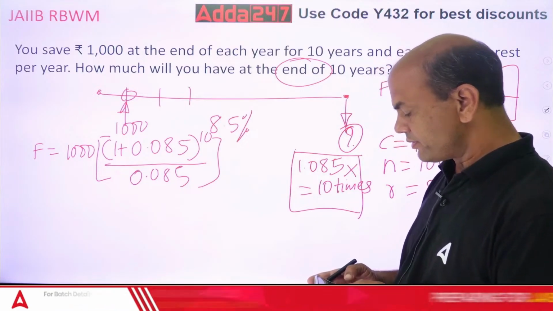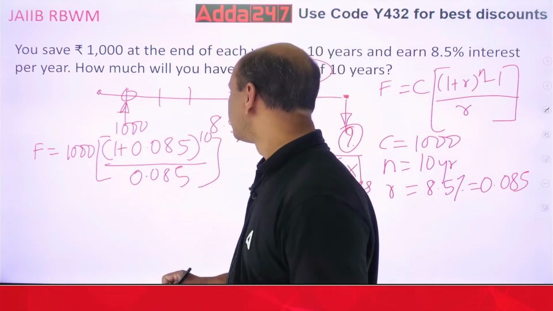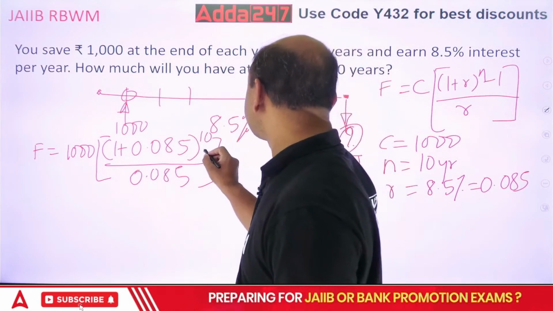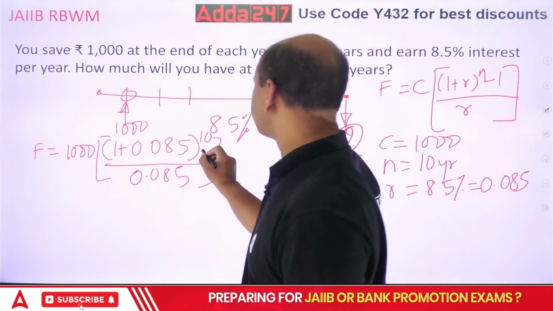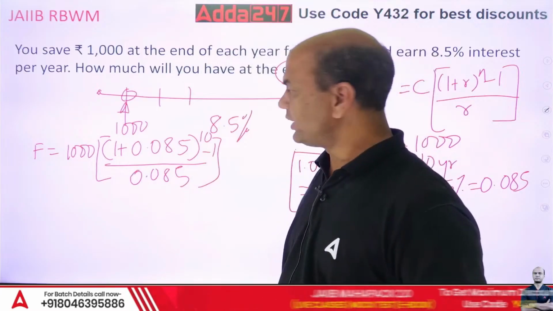So what are you getting? Are you getting this answer? Minus 1, did I write it? Minus 1 was remaining. Correct.